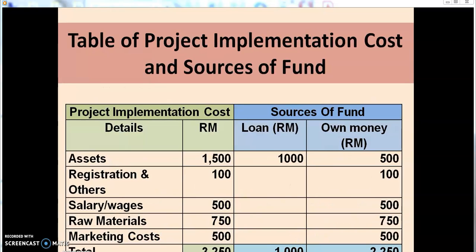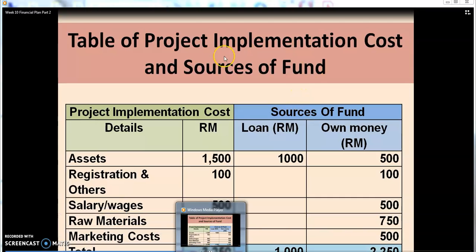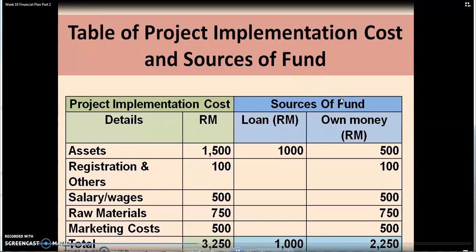So here you need to come up with a table of project implementation costs and sources of funds schedule. This table portrays the project implementation cost and the sources of funds needed to finance the project.